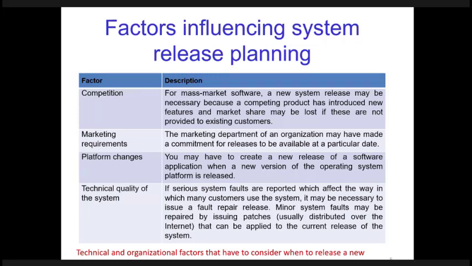You have to make a decision whether now we should go to the market. Your system is under construction, the versions are being built. At one point of time, you decide to stop and make it available to the user community. So what factors will affect this decision?